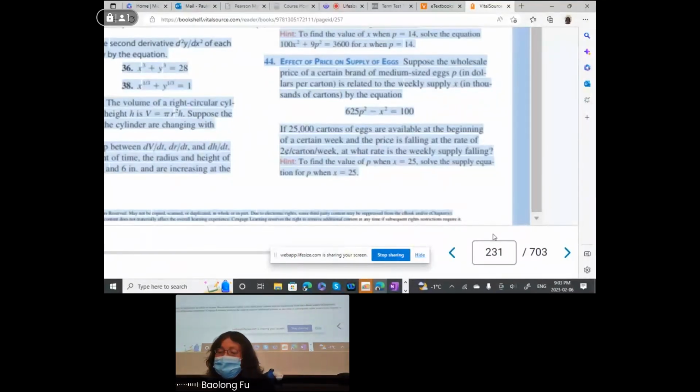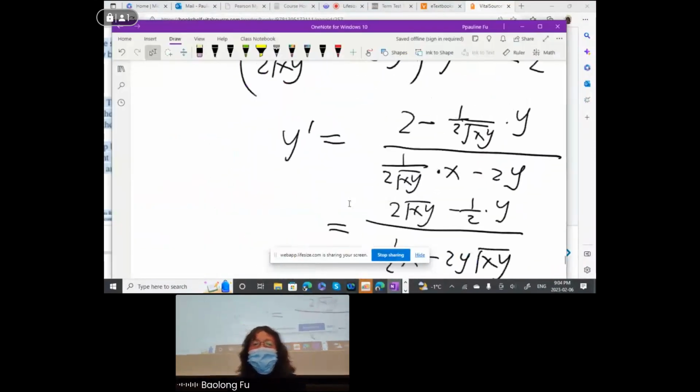In the previous question, can you directly apply the product rule to square root of x and y? Which question? You have to tell me which question.